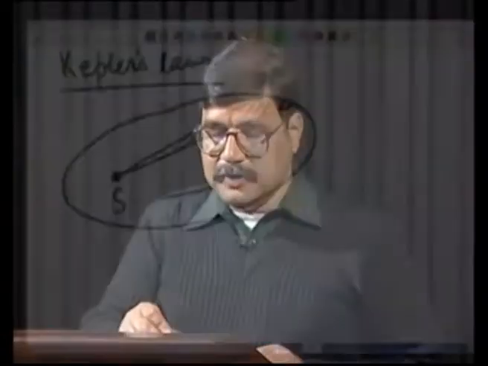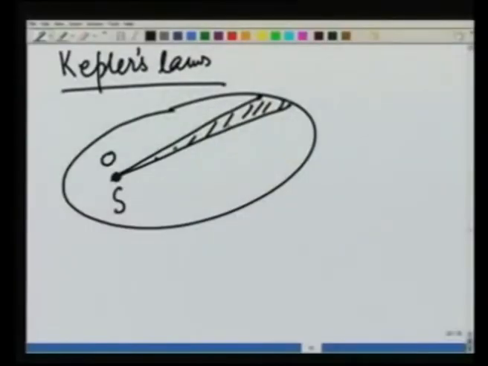Let me show you how. If I take this sun as the origin, the force is always directed towards the origin, and therefore tau, the torque r cross F, because r and F are parallel, is 0, and therefore the angular momentum must be conserved.